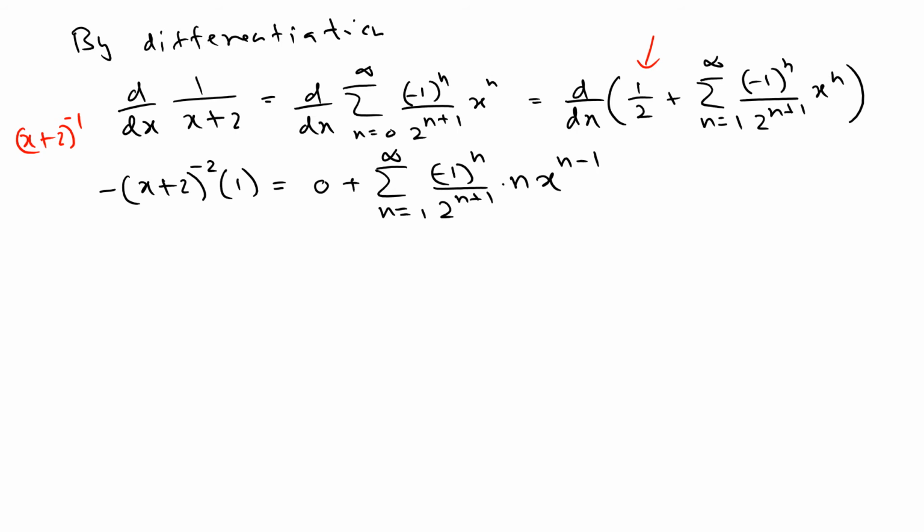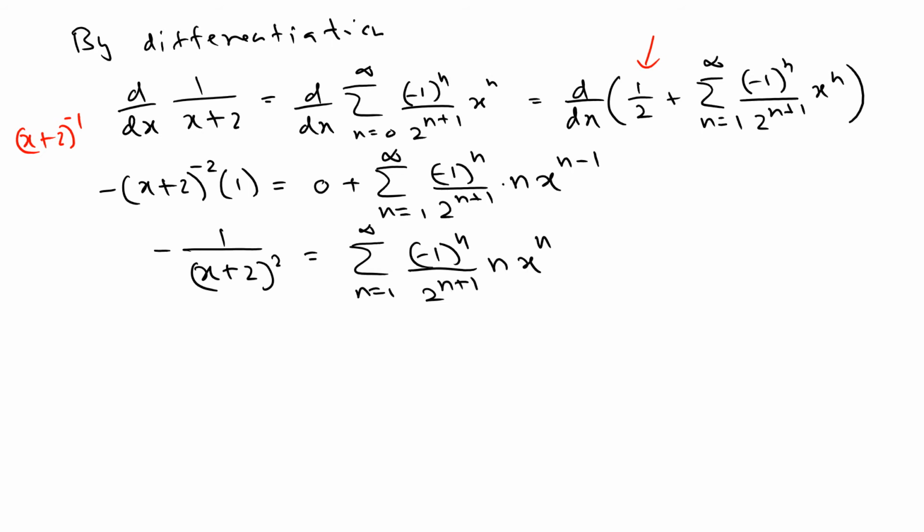So you can write this term. There's a negative sign here, so we're going to say -1 over (x plus 2) squared. And on this side, we can write it like that: sigma n going from 1 to infinity, -1 to the n, over 2 to the n plus 1, n x^(n minus 1). Now, to remove this negative sign, we can multiply both sides by negative.